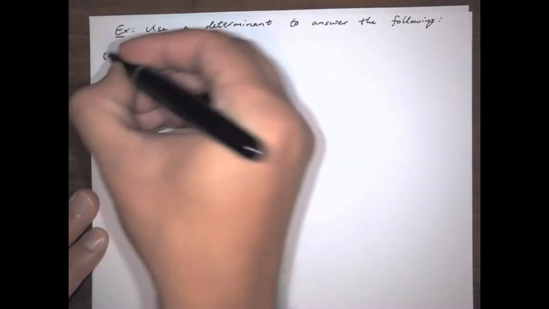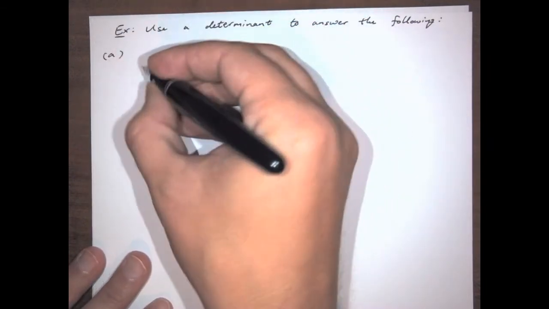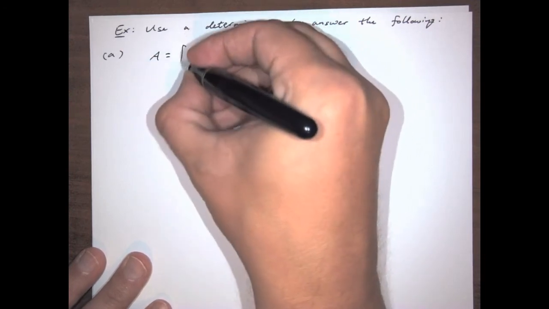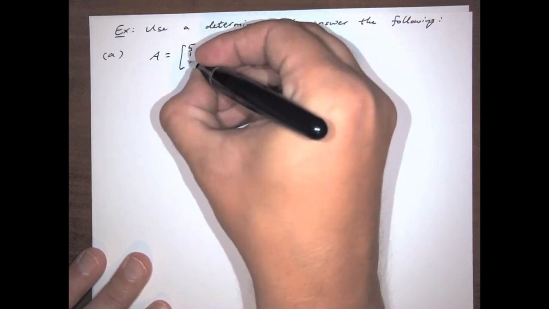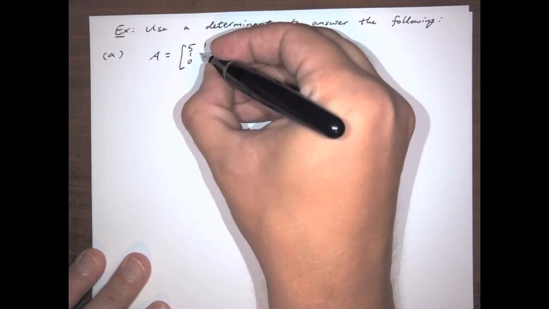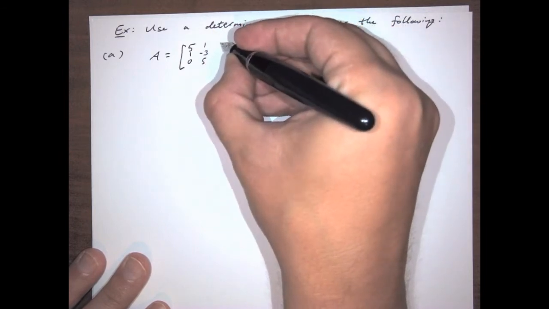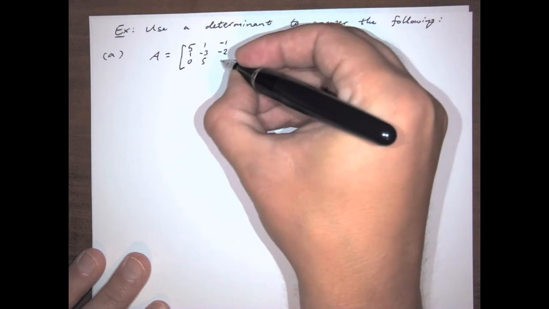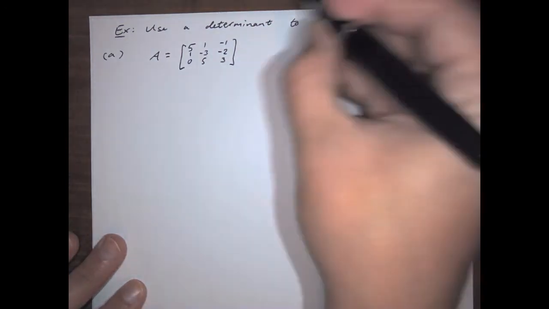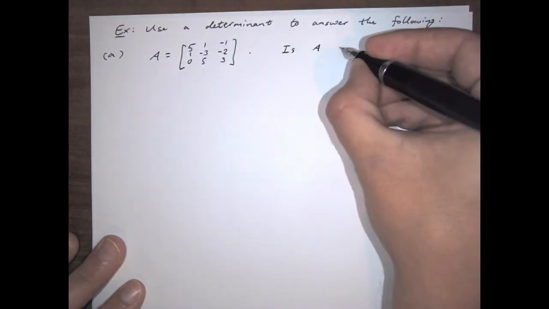First off, I'm just going to give us a matrix and we're going to ask, is this matrix invertible? The matrix A is going to be 3x3, column 1 will be 5, 1, 0, column 2 will be 1, negative 3, 5, and column 3 will be negative 1, negative 2, and 3. So the question is: is A invertible?